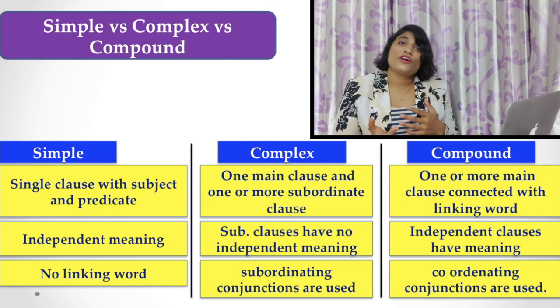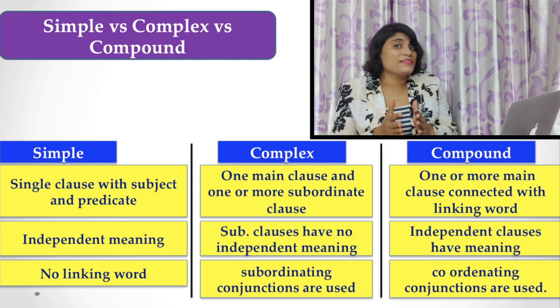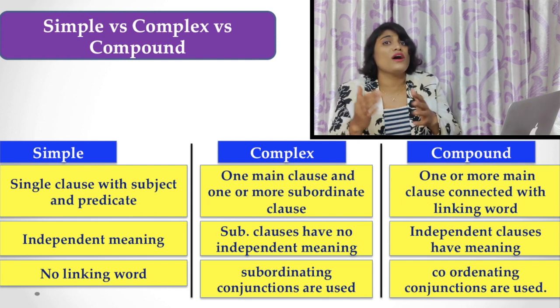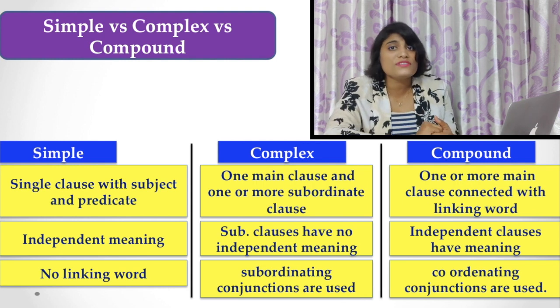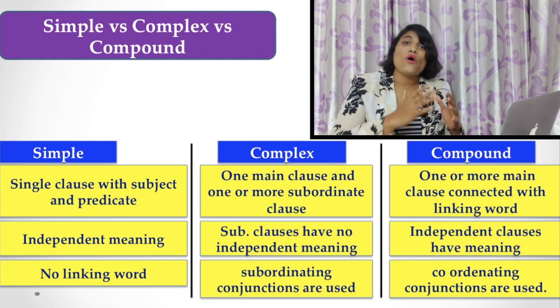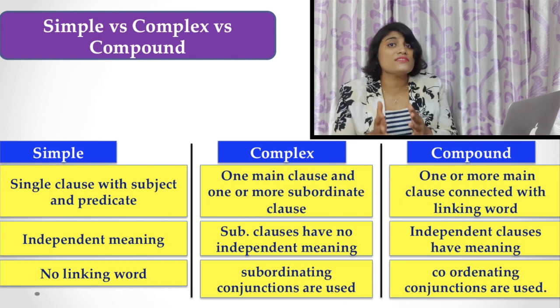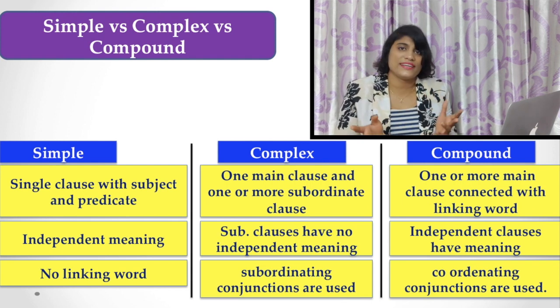But in a complex sentence, we find one main clause or principal clause and another one is a subordinate clause. Sometimes there is more than one subordinate clause. In a compound sentence we find two or more main clauses joined with a linking word like and, but, or, etc.